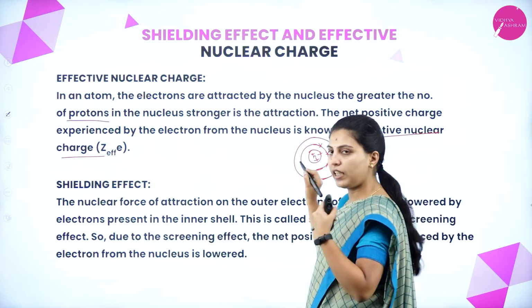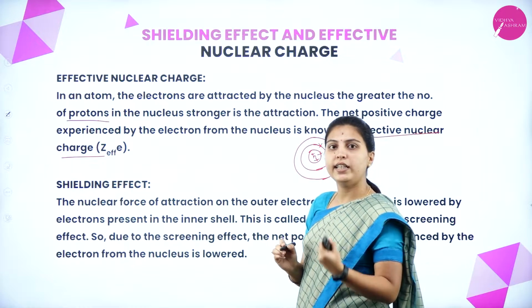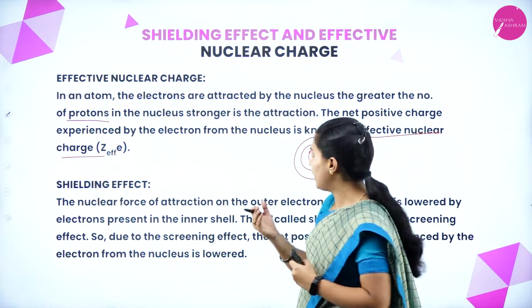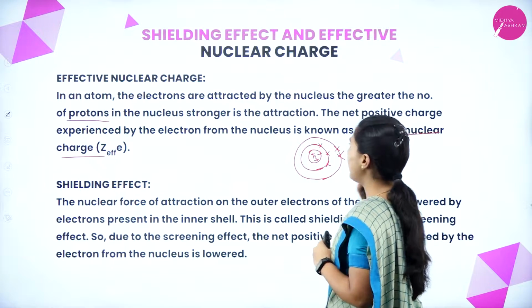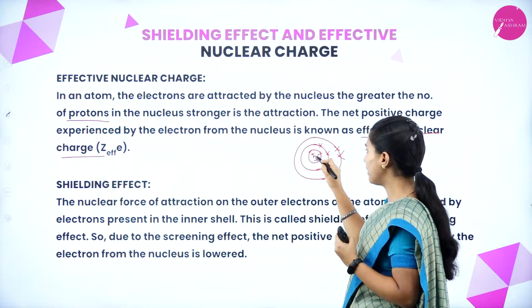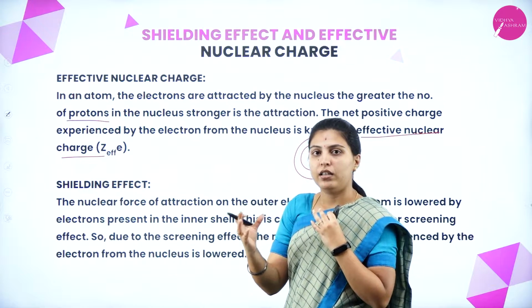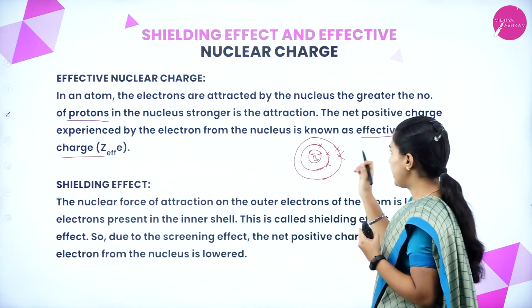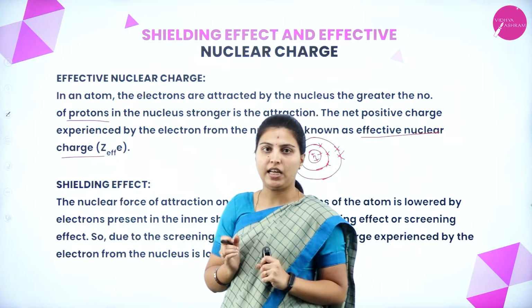If the protons keep on increasing, the attraction between the electrons and the protons will increase. That complete attraction experienced by the electron, we call effective nuclear charge.